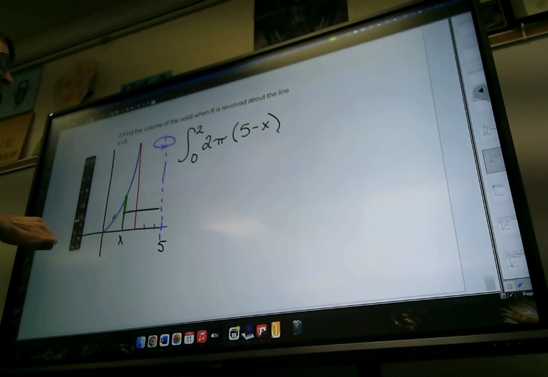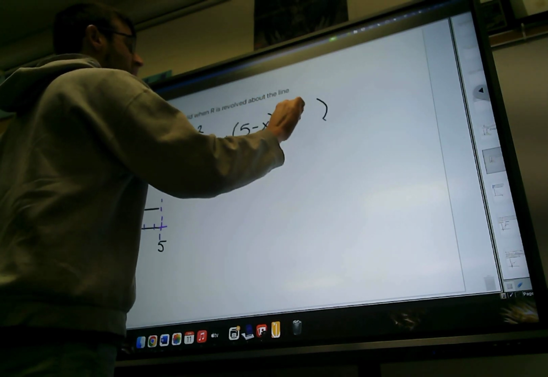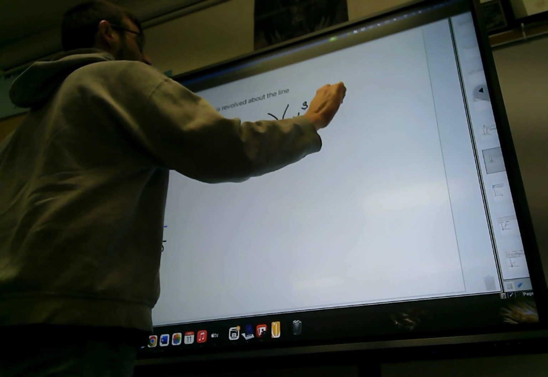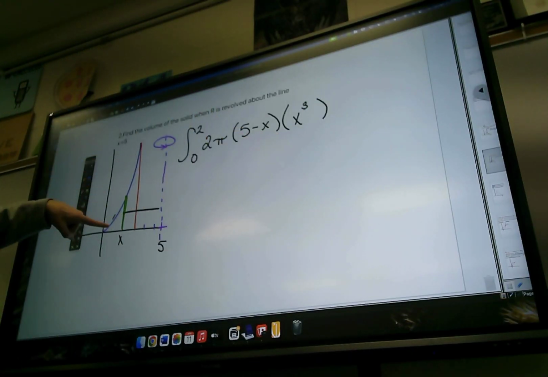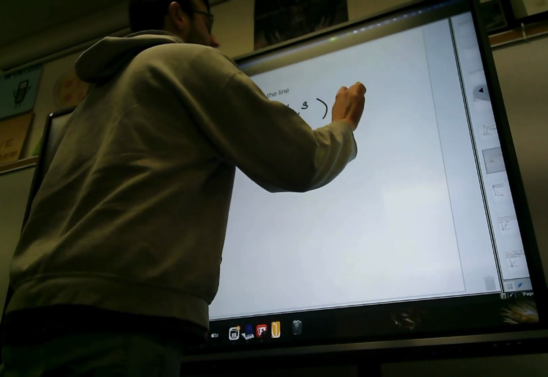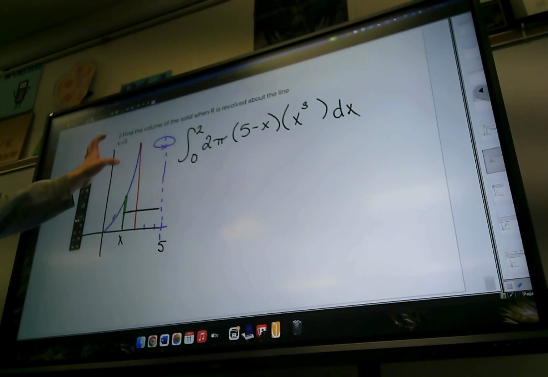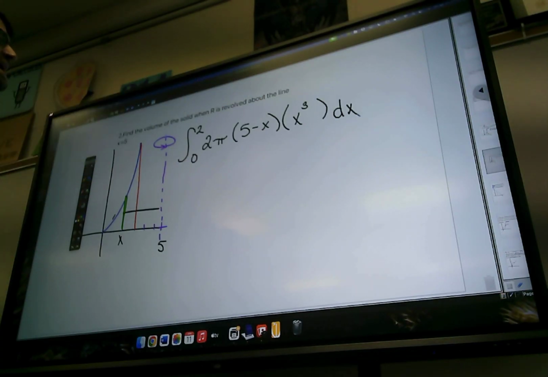Then I'm going to do my top function minus the bottom function. So that is just x to the third because the bottom function is just 0. And that is all dx. So you can pull the 2 pi out and you can distribute that, and then you can integrate.